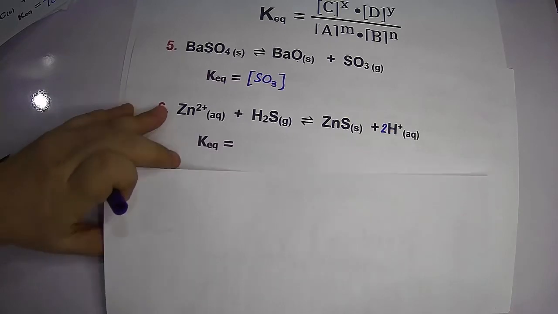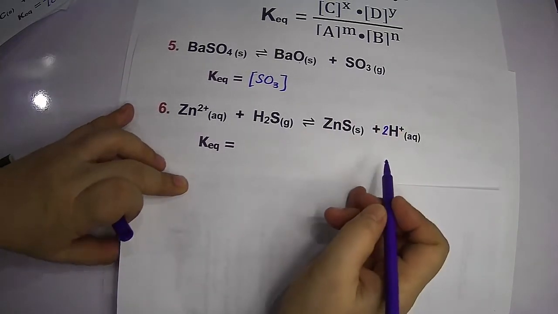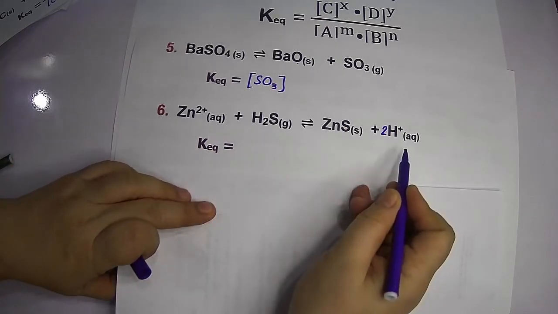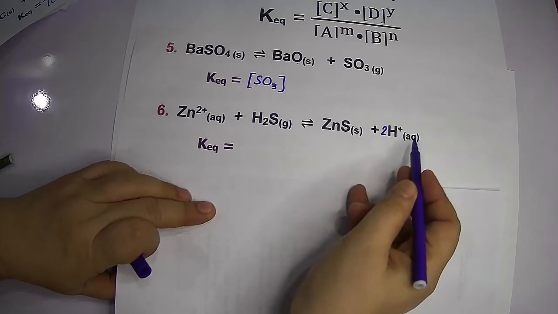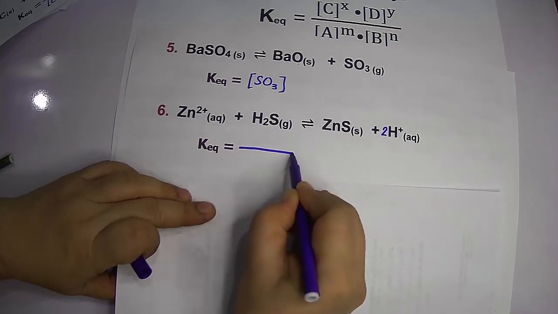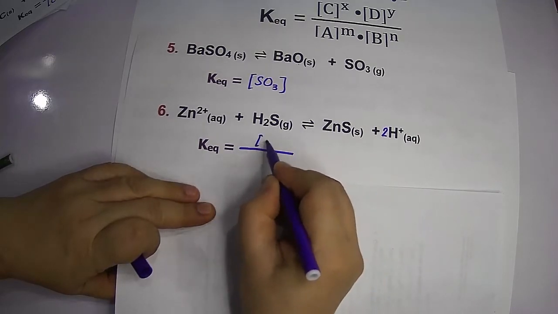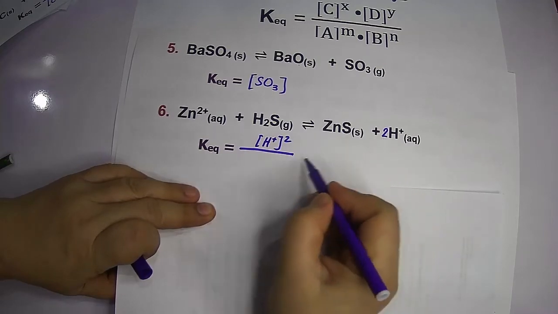Then next, we write the chemical equilibrium constant. Okay, so for the product, you have solid here and aqueous, only the aqueous species will be involved in the expression. So we have your hydrogen ion raised to 2, which is the coefficient.